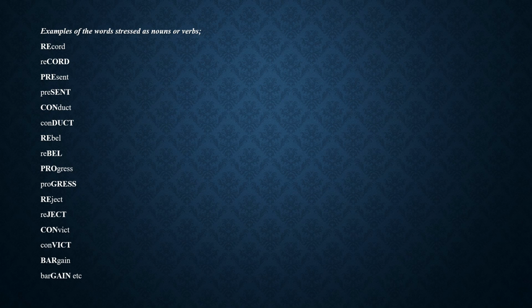Then as a verb it comes out as conduct. The next word as a noun comes out as rebel. Then as a verb it comes out as rebel. Followed by progress, then progress.